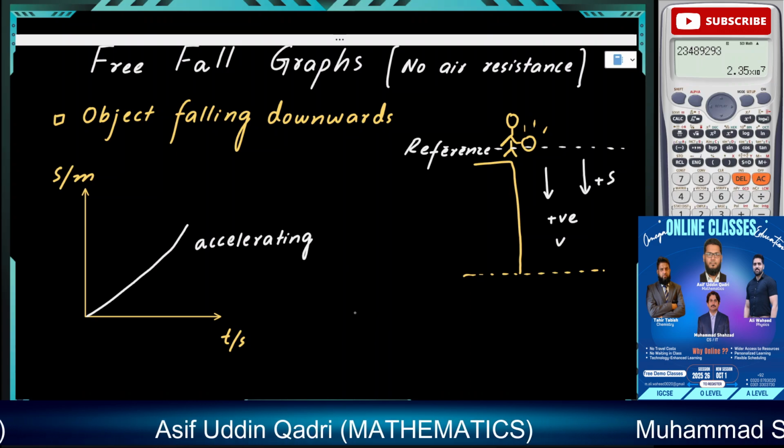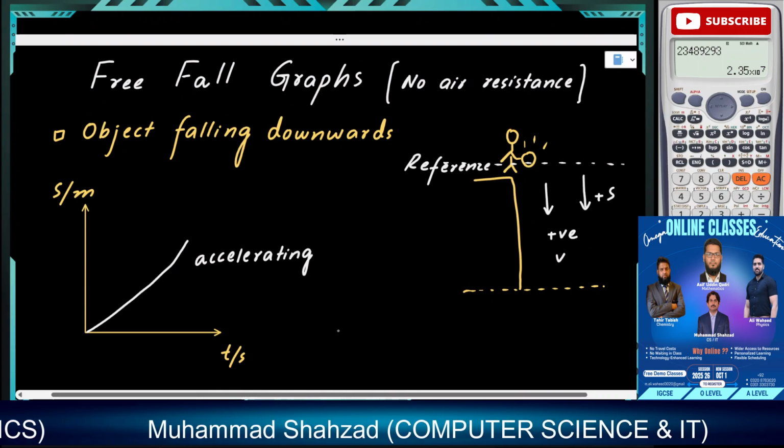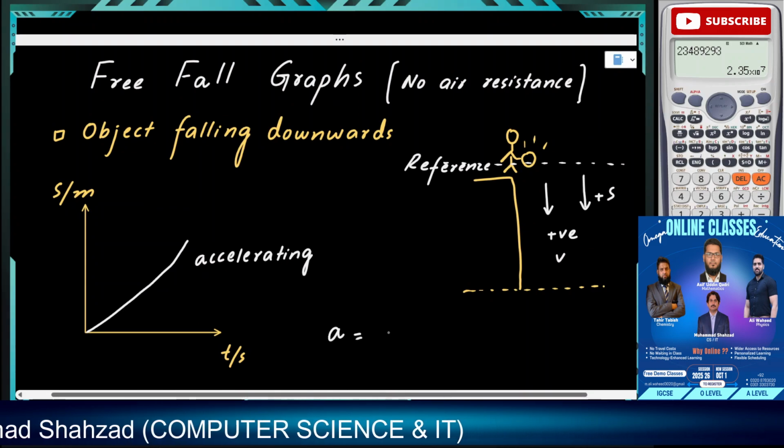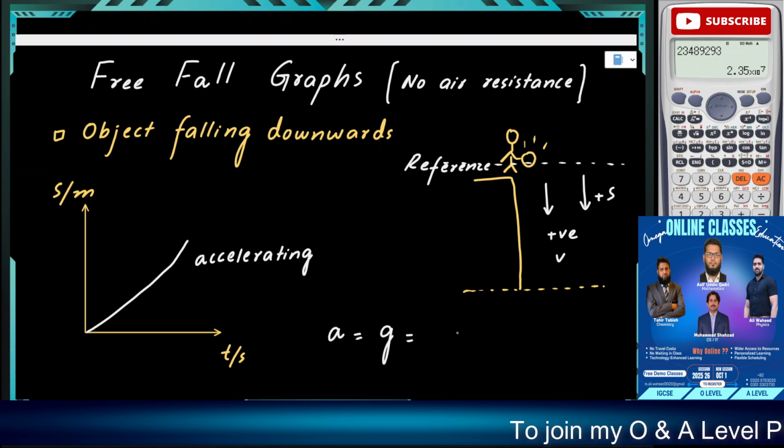And in the free fall motion, an object has uniform acceleration that we know as the acceleration of free fall, and the value of it is 9.81.